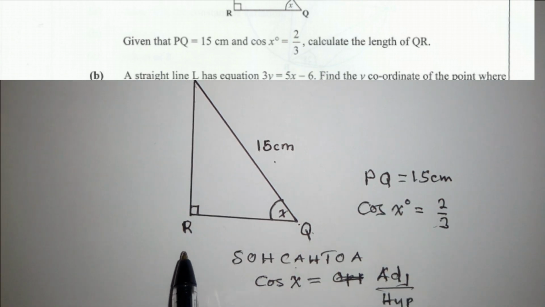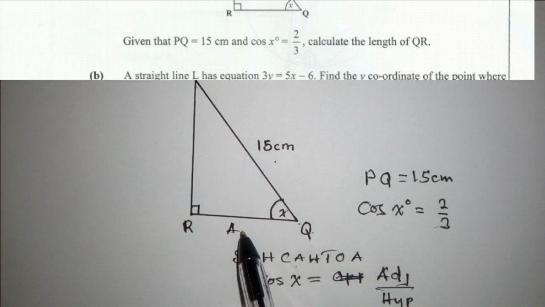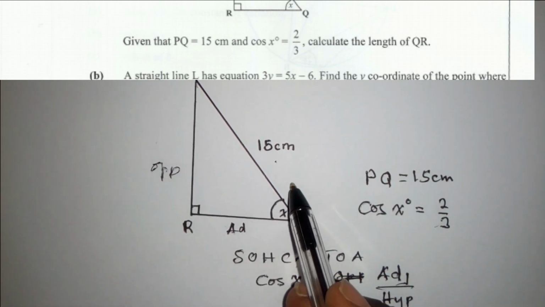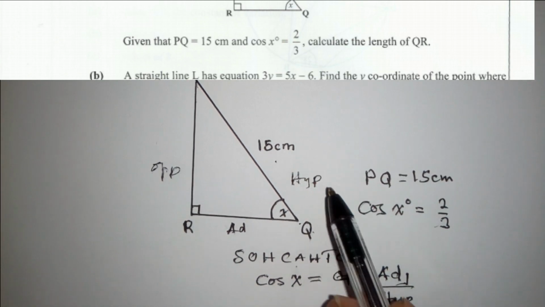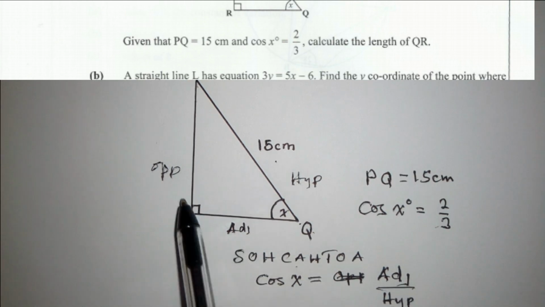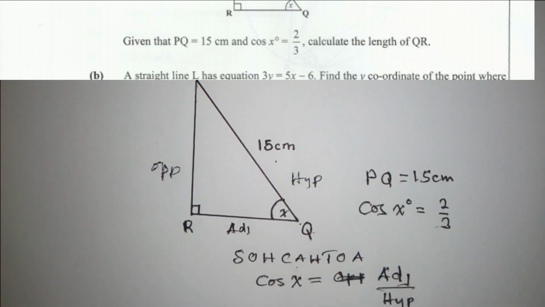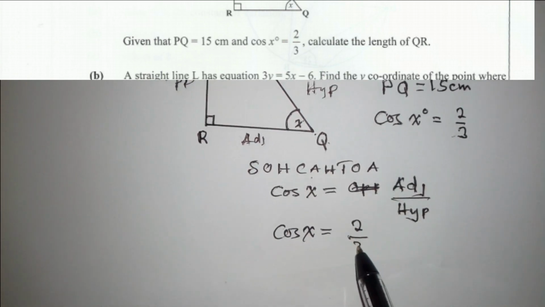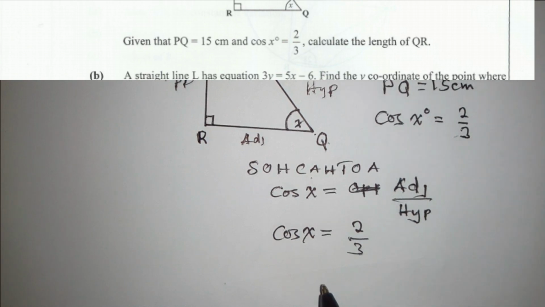So do we have adjacent? It's over here. This is adjacent. This is opposite, and this is the hypotenuse. So we have these values: adjacent, opposite, hypotenuse. So say cos x is equal to 2 over 3, what you've just been given.